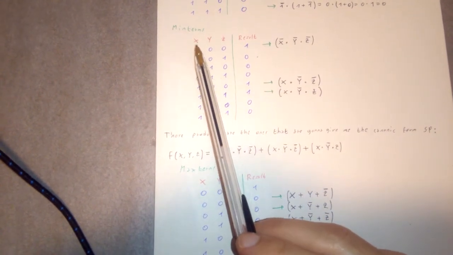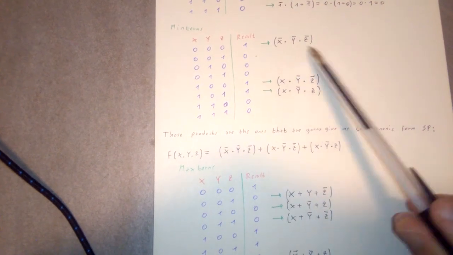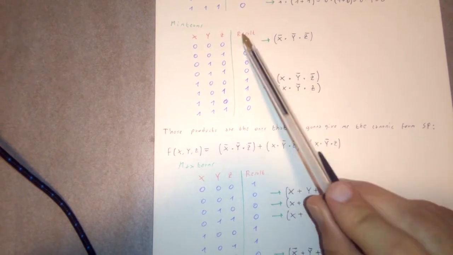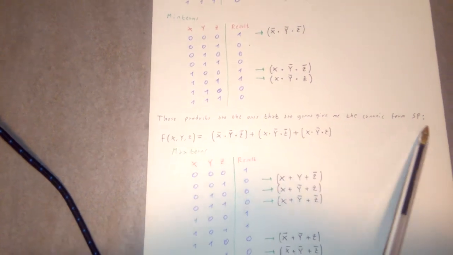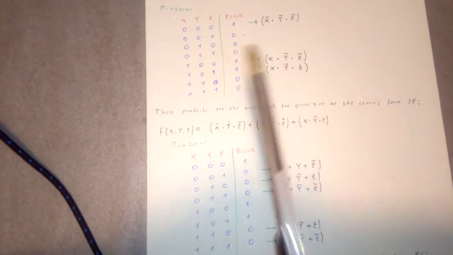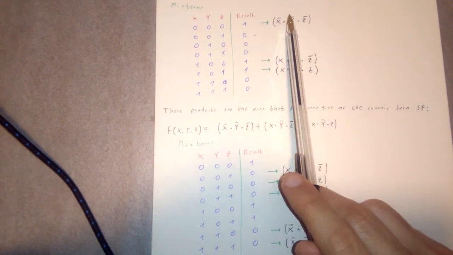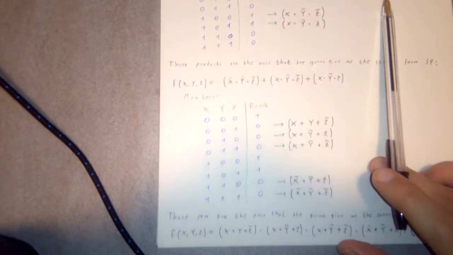If they're not, you write their complement, so not x, not y, and not z. Once you have done that for all the entries that have the result of 1, you have the sum of product representation, because you just have to add all those three together. So you get the first expression plus the second expression plus the third expression.